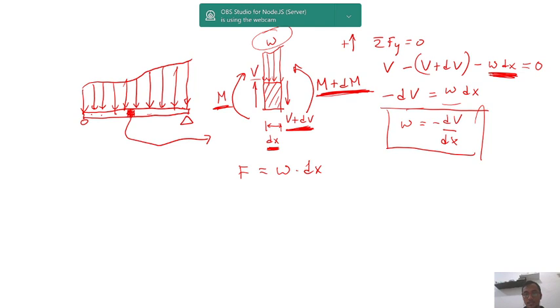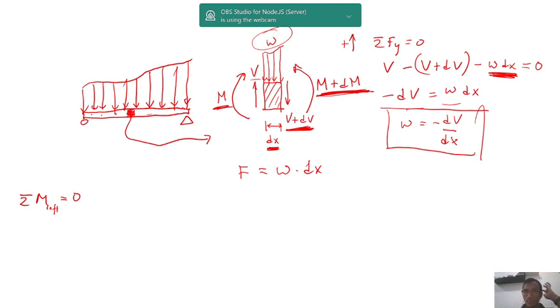The relation between moment and shear force, we can find it by doing the sigma moment on the left side equal to 0.